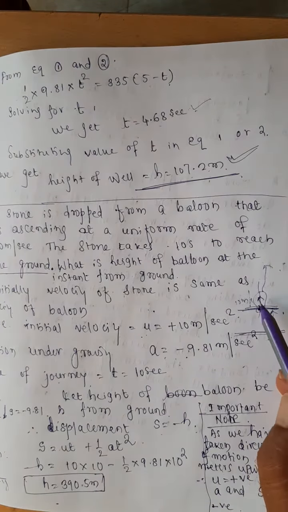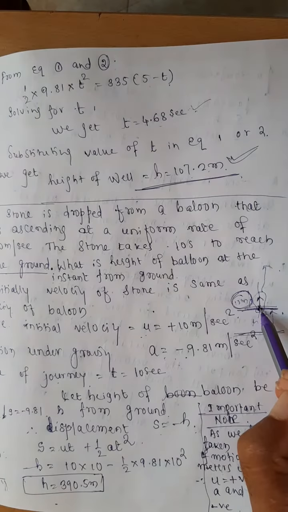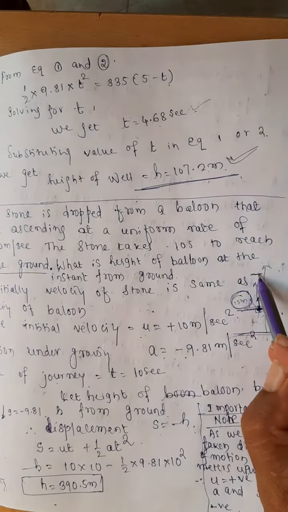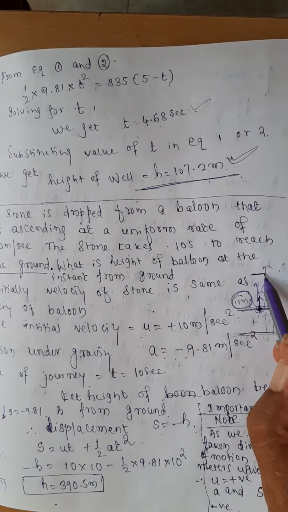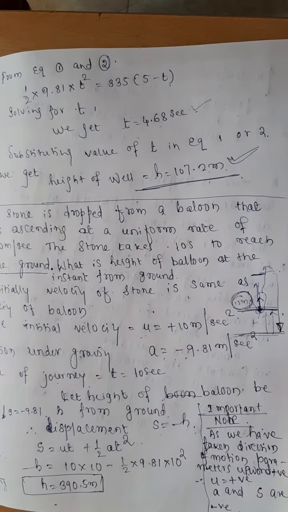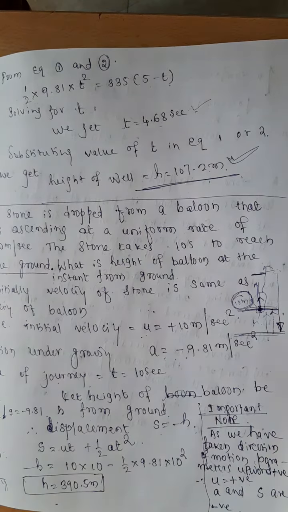First, the stone is moving in upward direction with the initial velocity equal to 10 meter per second. It will go to some height, its velocity will become 0, and afterwards it will come back. Therefore, it takes some time to move in the upward direction.